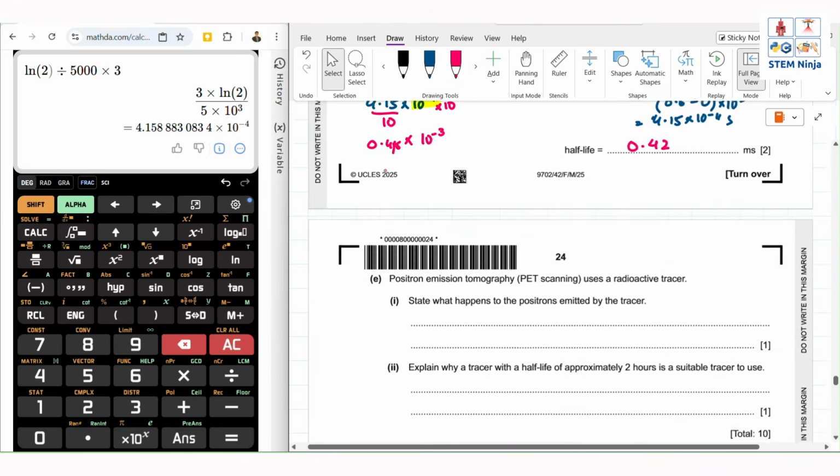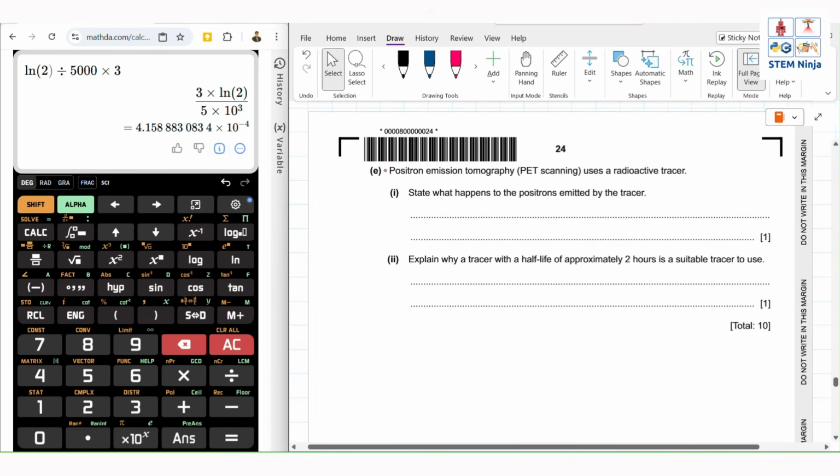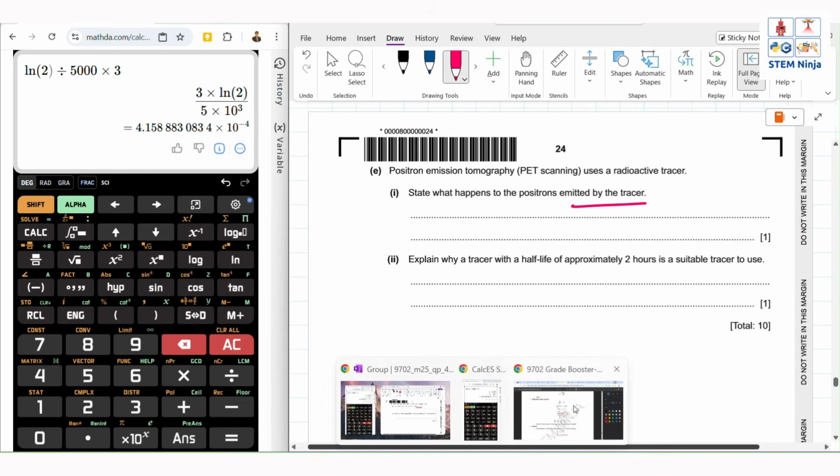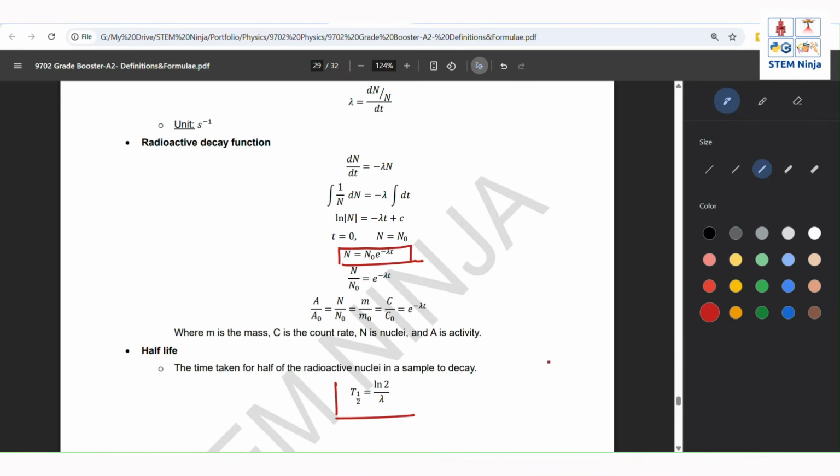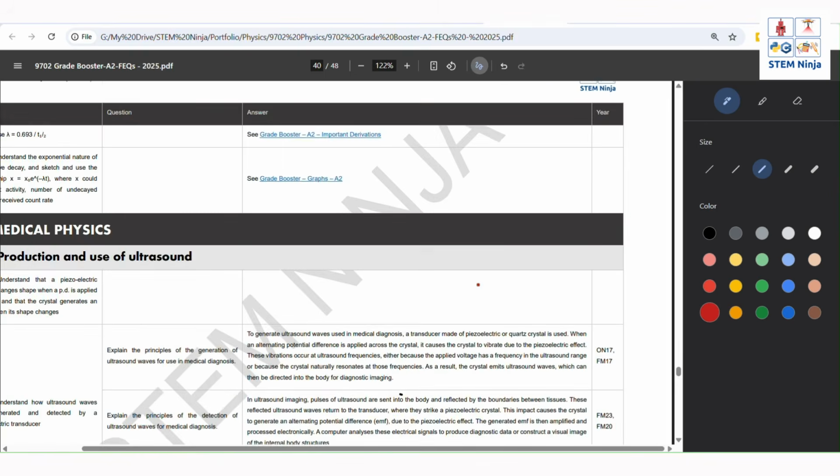That's it. Positron emission tomography, PET scanning, uses a radioactive tracer. State what happened to the positrons emitted by the tracer. Again, this will be answered in the frequently examined questions part also.